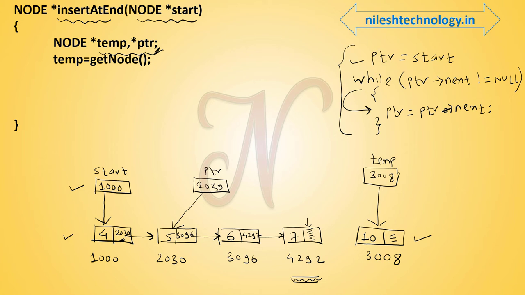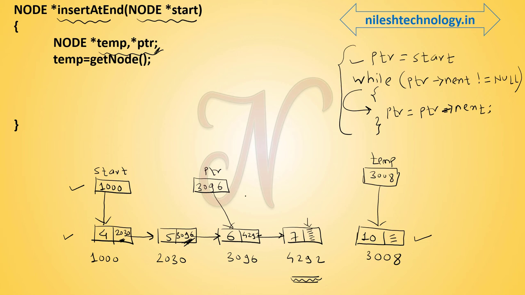Ptr of next not equal to null. Ptr of next is 3096, which is not equal to null, true. Again in the while loop, ptr equal to ptr of next, so ptr is pointing to the next address, 3096.